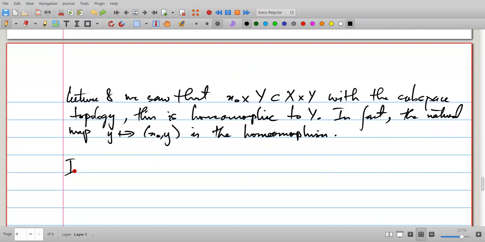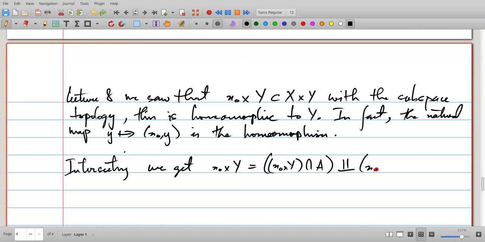So we intersect the disconnection of X cross Y with {x naught} cross Y. We get {x naught} cross Y, which is homeomorphic to Y, is equal to ({x naught} cross Y intersected with A) disjoint union ({x naught} cross Y intersected with B).